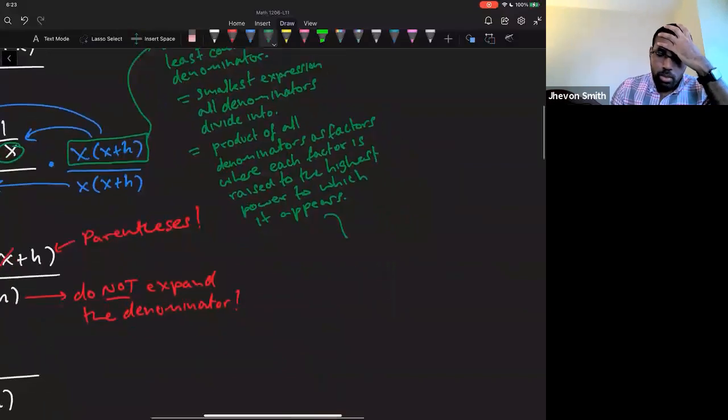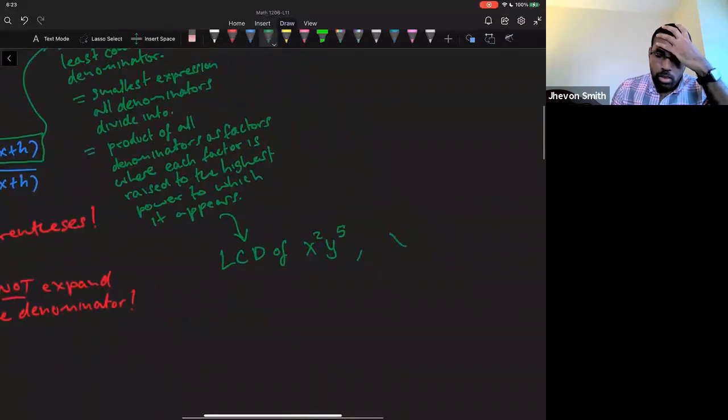So the LCD of those two things would be x cubed y to the 5th, because an x shows up and a y shows up, an x shows up and a y shows up, so you have to have an x and a y, and then you put them to the highest power.